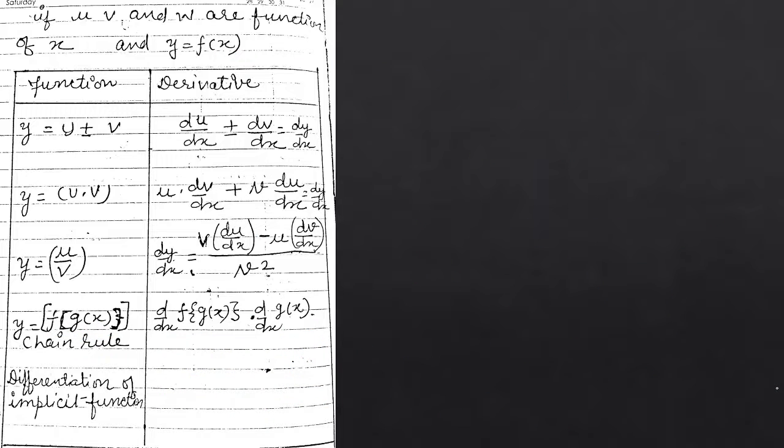Now come to the next point. Next is differentiation of implicit function. Now the question is, what is implicit function? There are two types of functions: implicit function and explicit function. First, what is explicit function? Explicit function means the function can be expressed as an equation in terms of one variable.